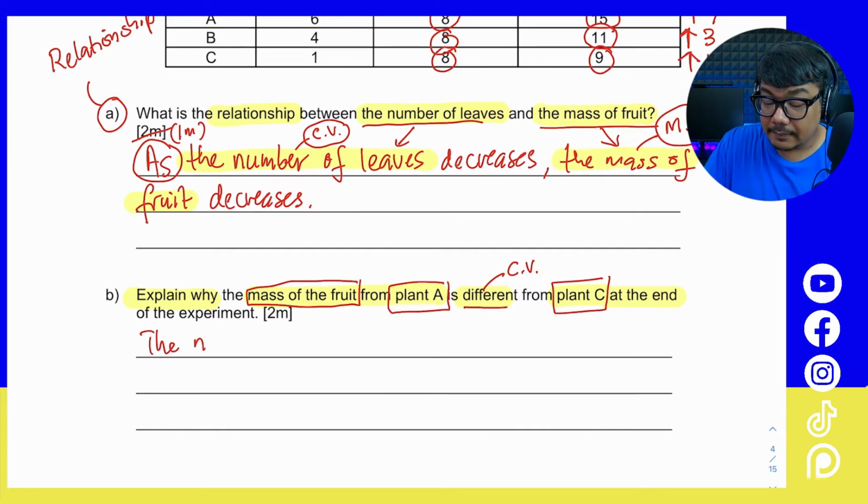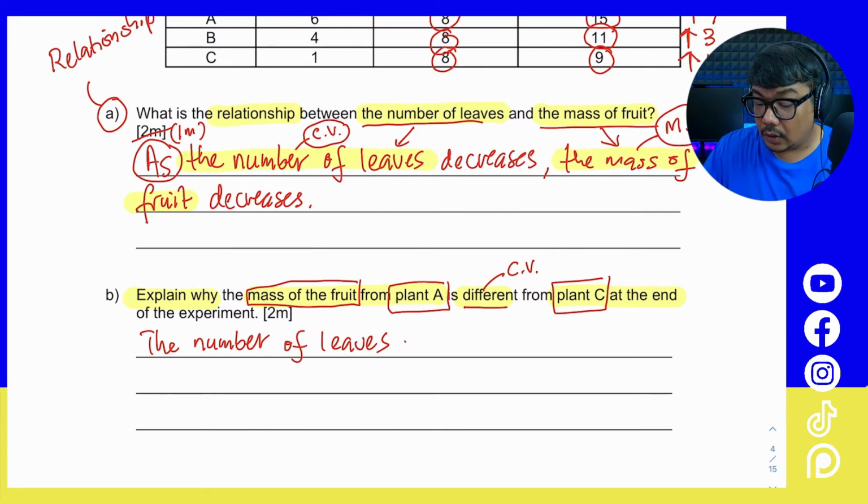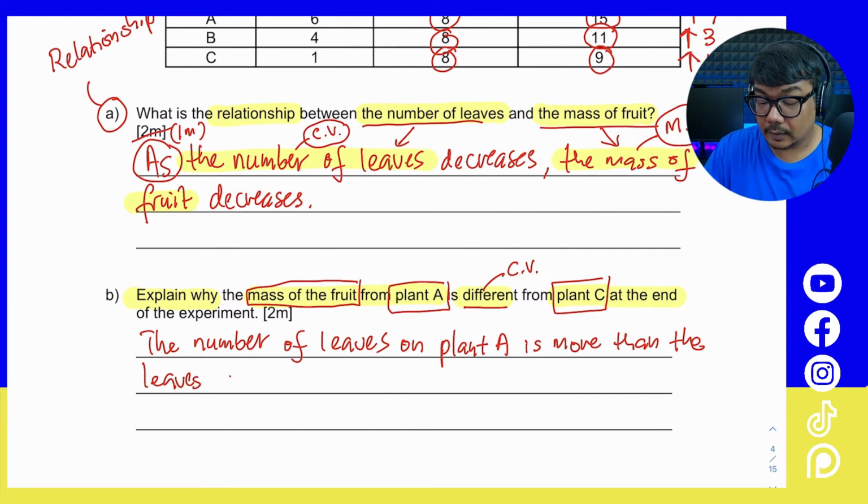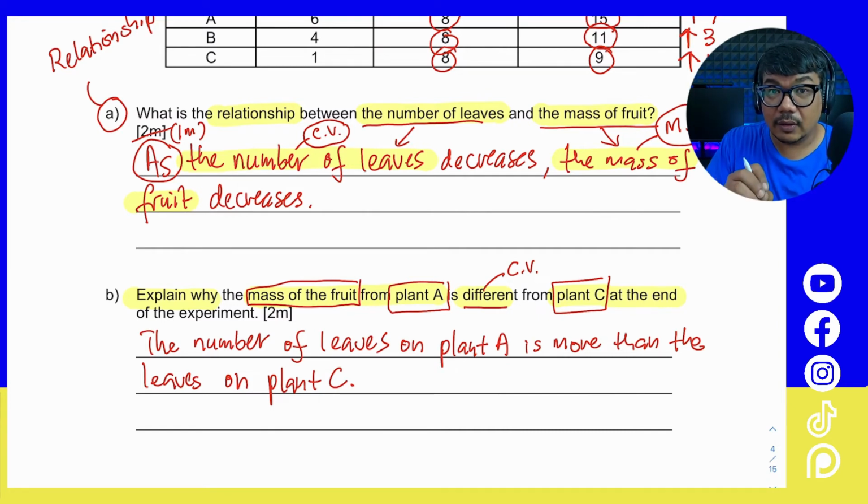So the number of leaves on plant A is more than the leaves on plant C. Full stop. So this is what I can see in the diagram. This is what I call the evidence.